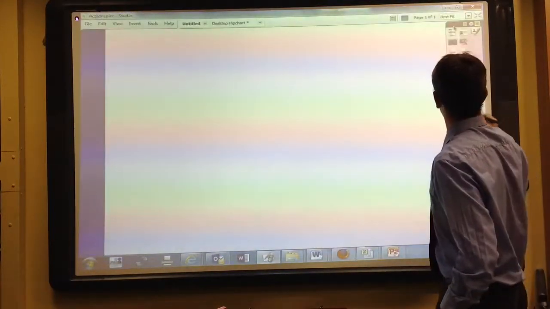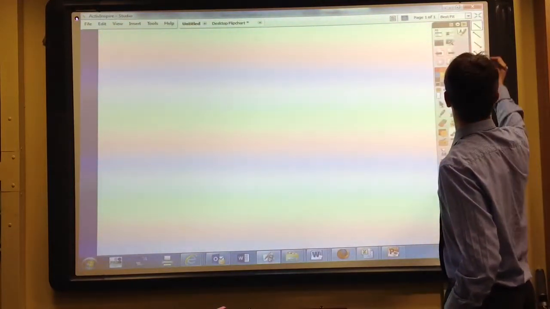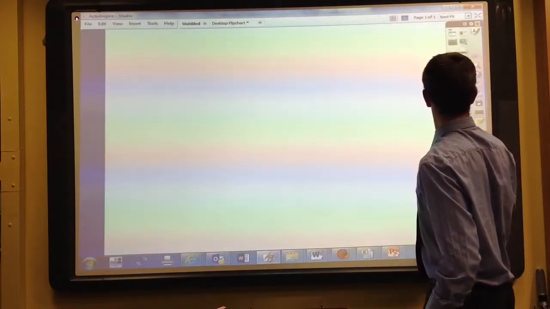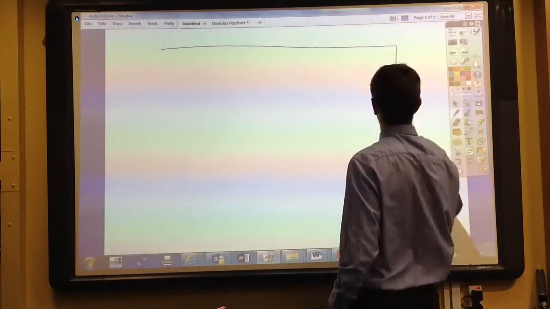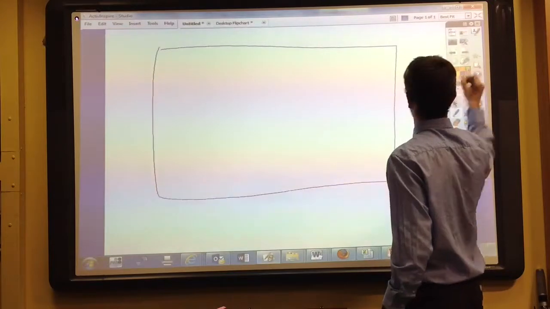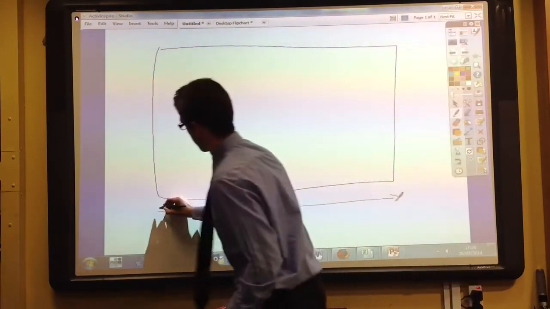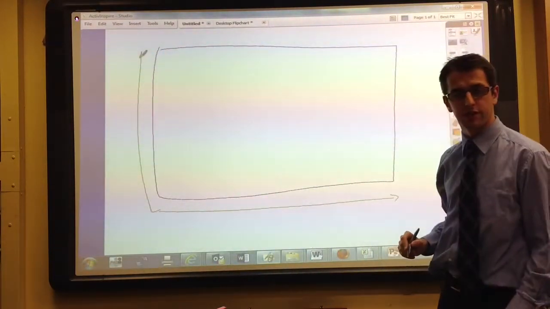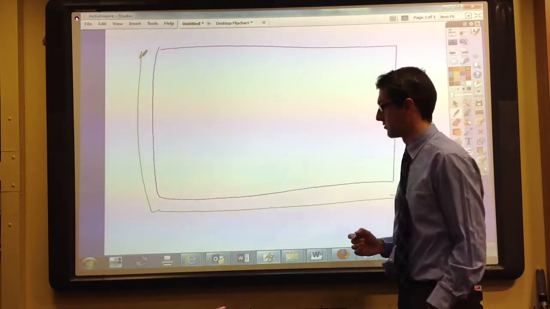So to have a look at how we would do some of this random sampling, if this was your field, you would set out your tape measures like a set of axes, and your randomly generated coordinates from a computer, not just picked out of your head, randomly generated, would give you coordinates.